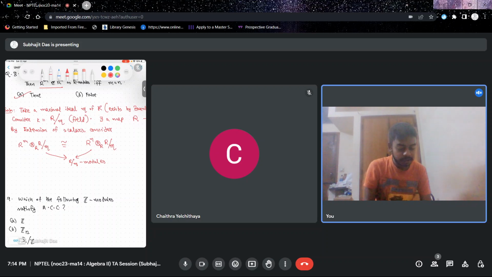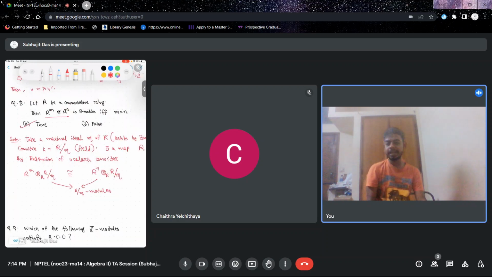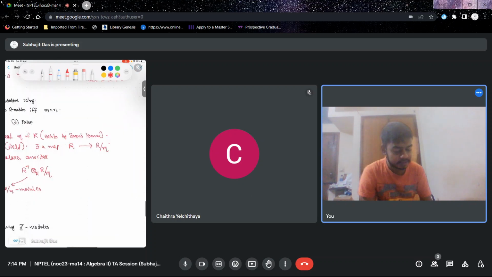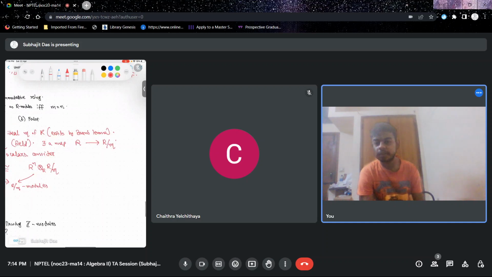We initially know that R^m and R^n are isomorphic. Can we conclude that the corresponding extension of scalars will be isomorphic? Why? Why is that the case?